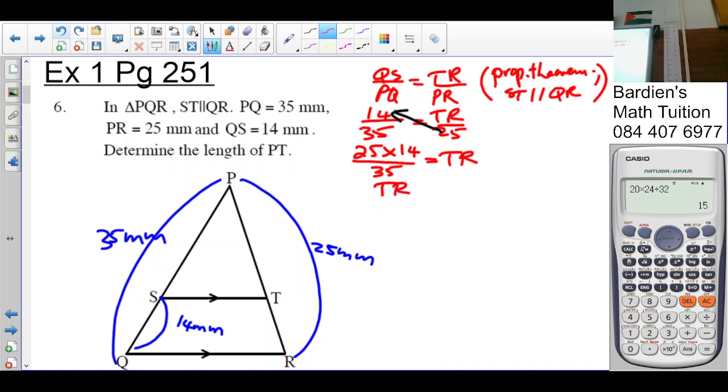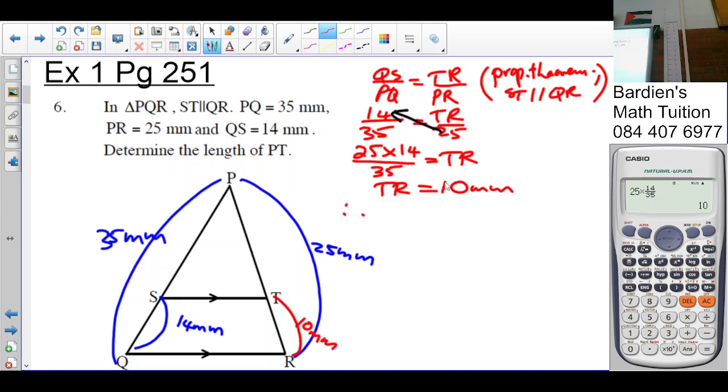So TR works out to be what? It's 25 times 14 over 35. I'm going to give you 10. Is that absolutely correct? 10 millimeters then. But I haven't answered the question.